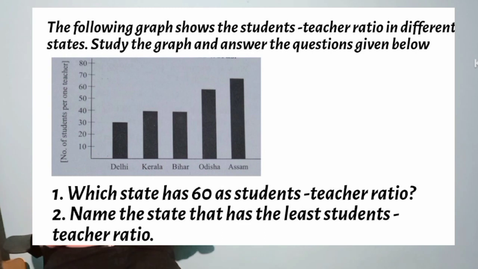Which state has 60 as student teacher ratio? And the second question, name the state that has the least student teacher ratio. How easy it is. Only 2, but definitely they will score. Earlier we used to have 5 for this and the students were not getting even 2 out of it.